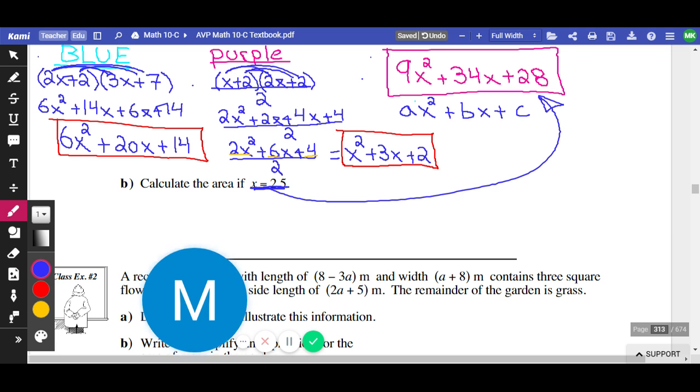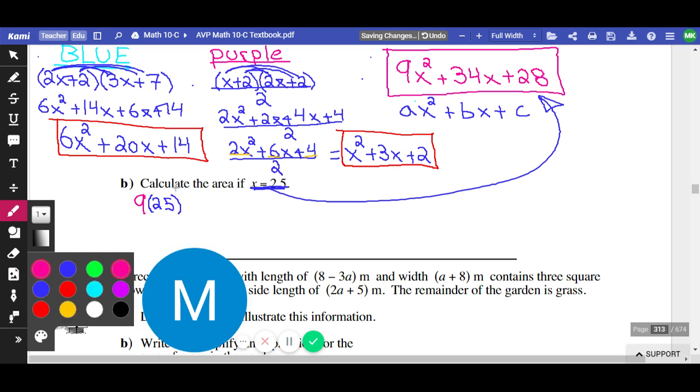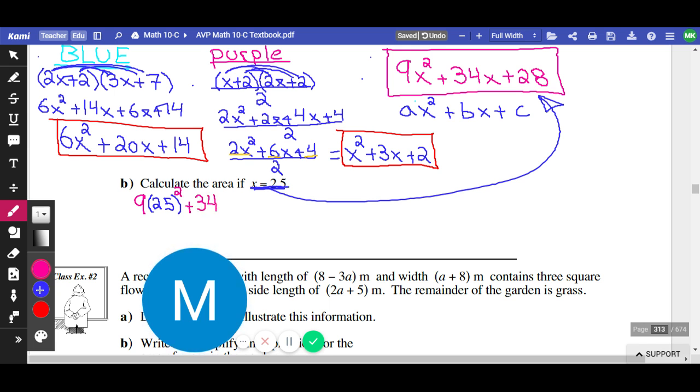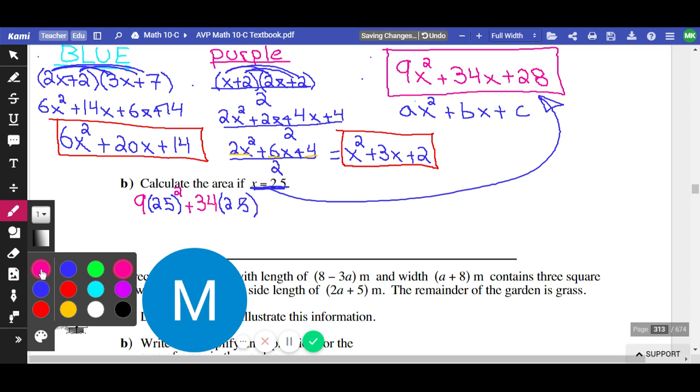How that would look is we would say, okay, our area was 9 times x, which is now 2.5, squared, plus 34 times 2.5, plus 28.